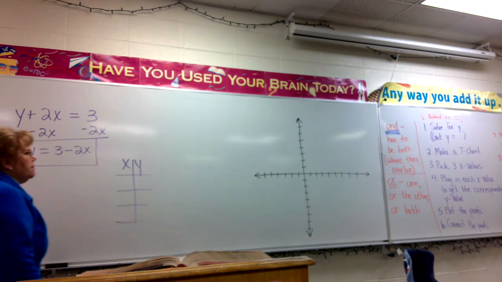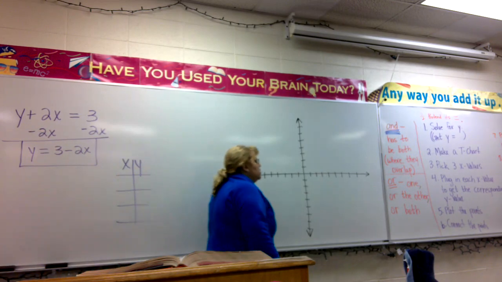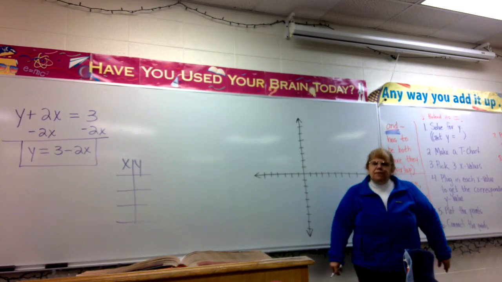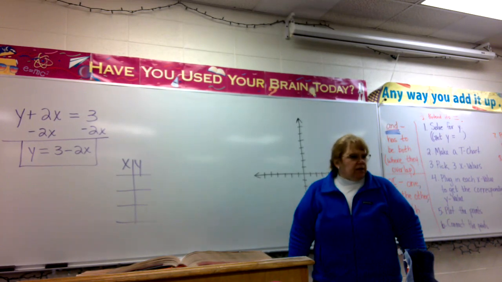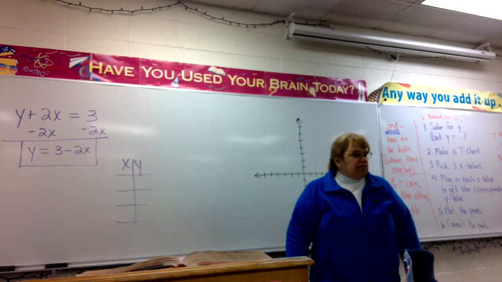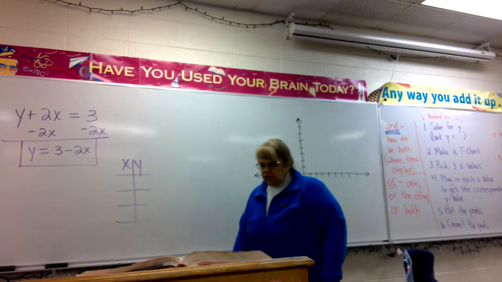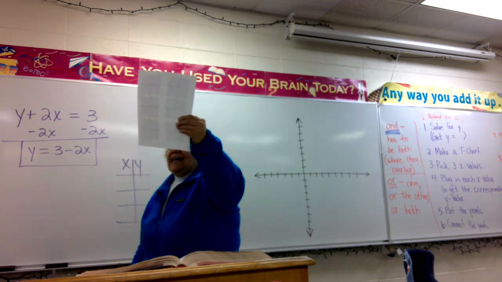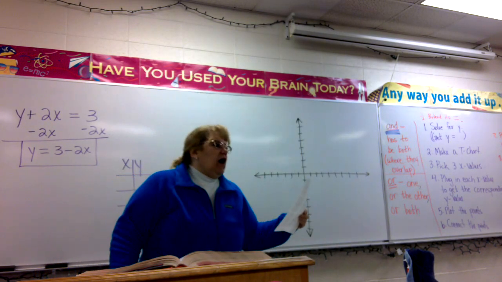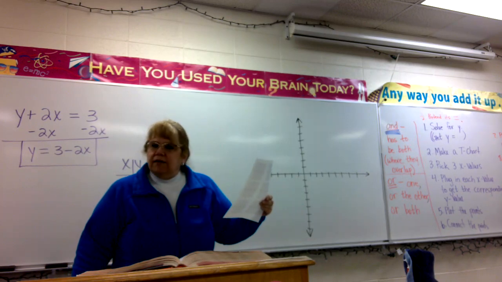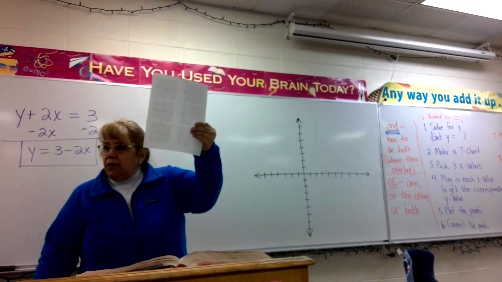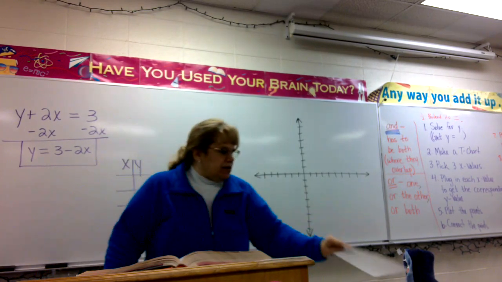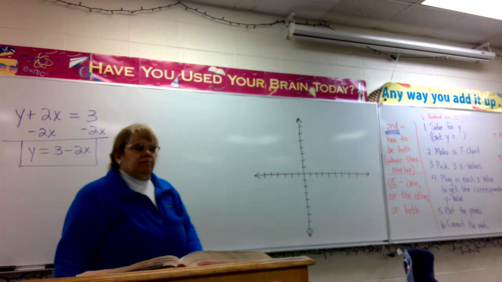Step three. Pick 3 x values. What can you pick for x? Whatever you want. You can pick anything you want. But remember, my graph paper looks like this. If you want to pick 100, you can, but it won't fit on my graph paper. So I would probably say values less than about 7 or 8 work good.